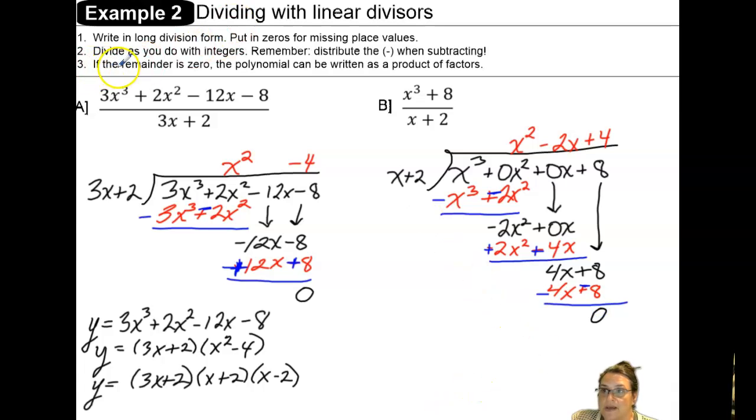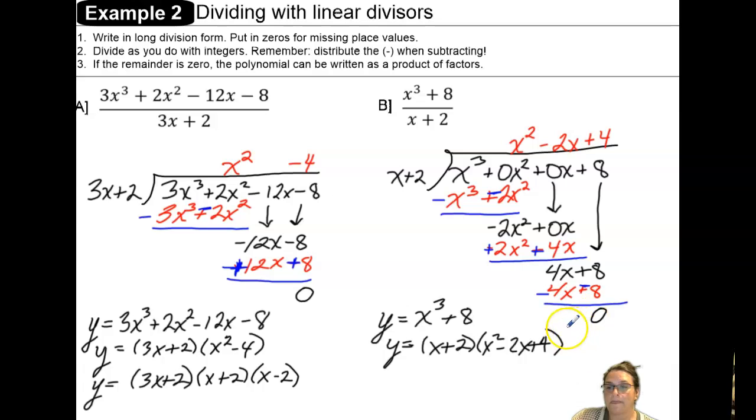And in step 3, it tells us that if the remainder is 0, that polynomial can be written as a product of factors. So I started with my standard form, which was x cubed plus 8. And then since I got a remainder of 0, I now know that that would factor as x plus 2 times the quantity x squared minus 2x plus 4.